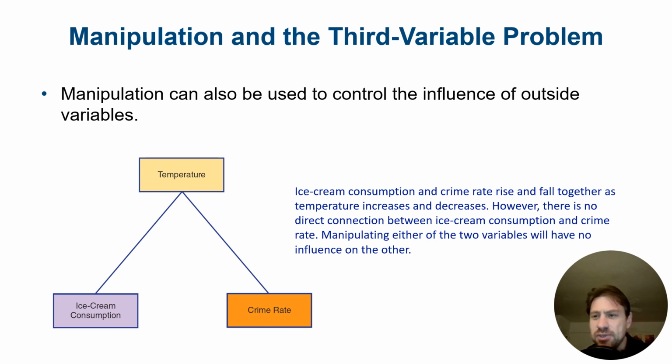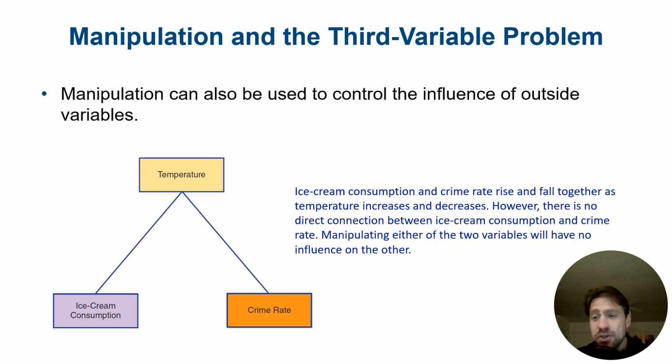So another advantage of manipulation is that it can help you deal with the third variable problem. In the example shown here, the same example we just alluded to, there's this relationship between temperature and ice cream consumption. As temperature goes up, ice cream consumption also goes up. But it turns out there's also a relationship between crime rates and ice cream consumption.